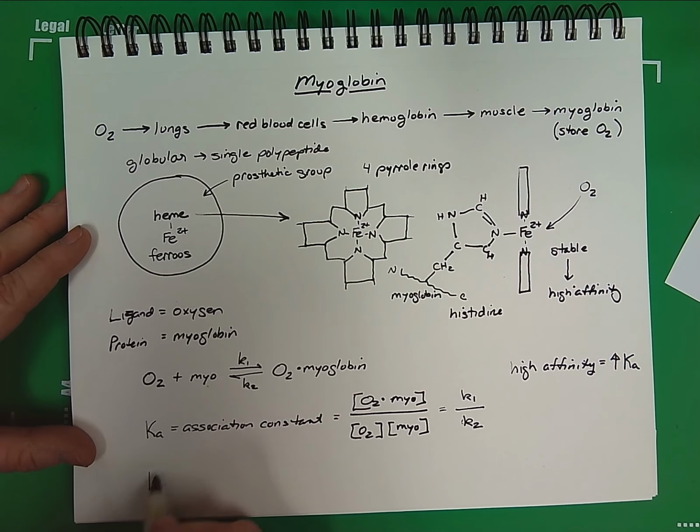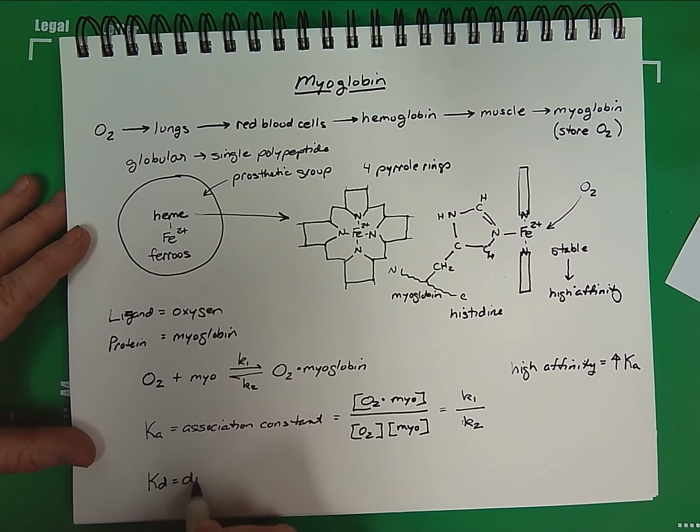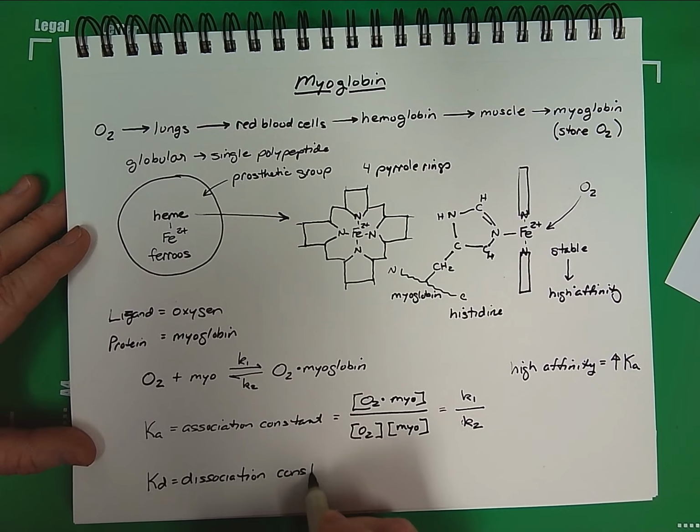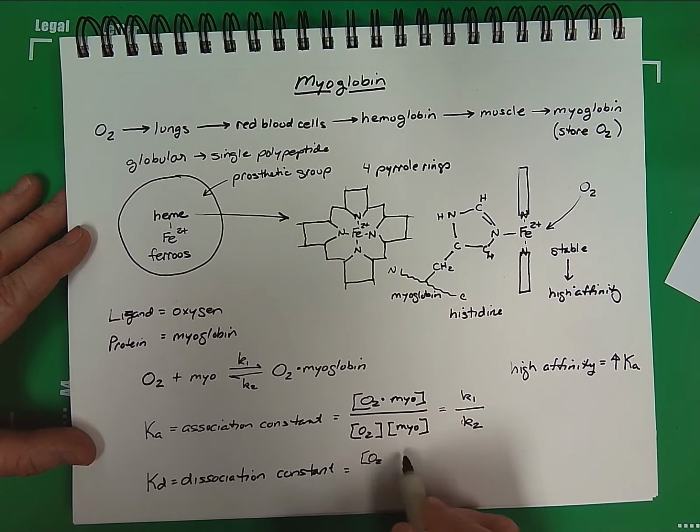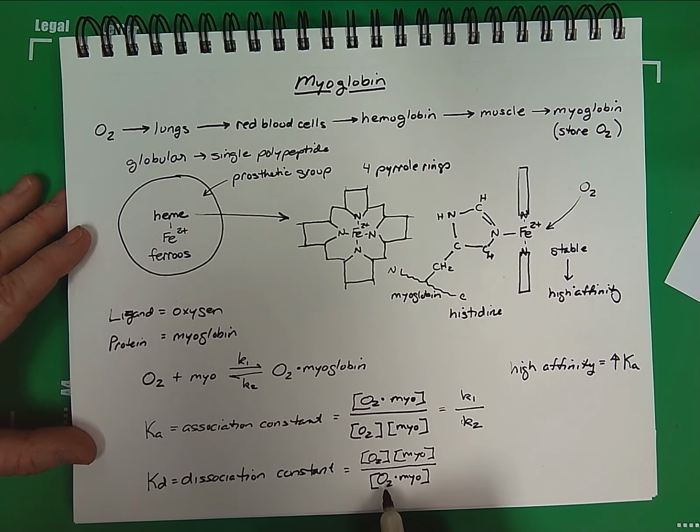Now if we look at this in terms of Kd, which recall is our dissociation constant, the dissociation constant, of course, is the reverse reaction. So this is the concentration of the products of the reverse reaction, which is free oxygen and unbound myoglobin, over the concentration of our complex, our myoglobin oxygen-bound complex. If we look at the rate kinetics, this is the dissociation rate over the association rate.